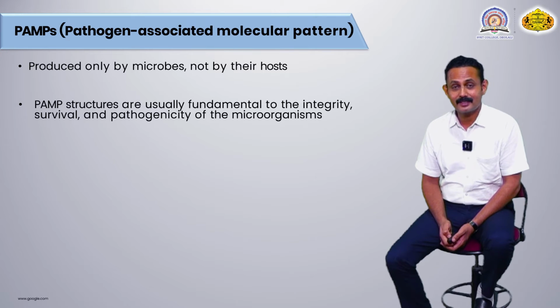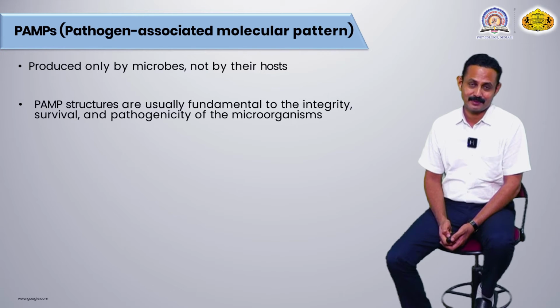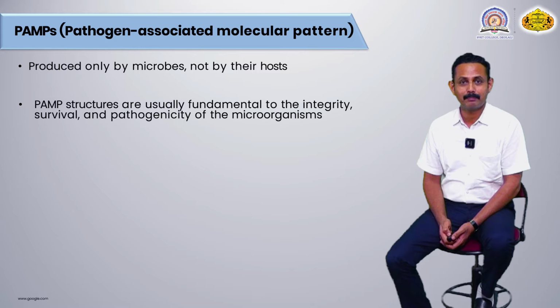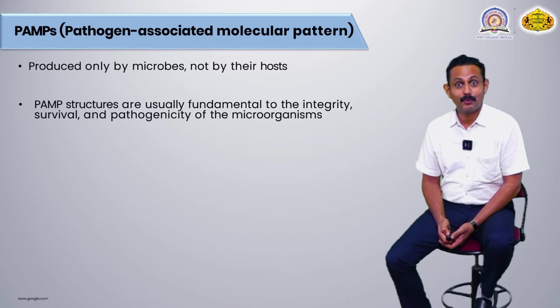These structures are usually fundamental to the integrity, survival and pathogenicity of the microorganisms. They are basically produced as weapons; in clinical or medical microbiology they are called virulence factors.